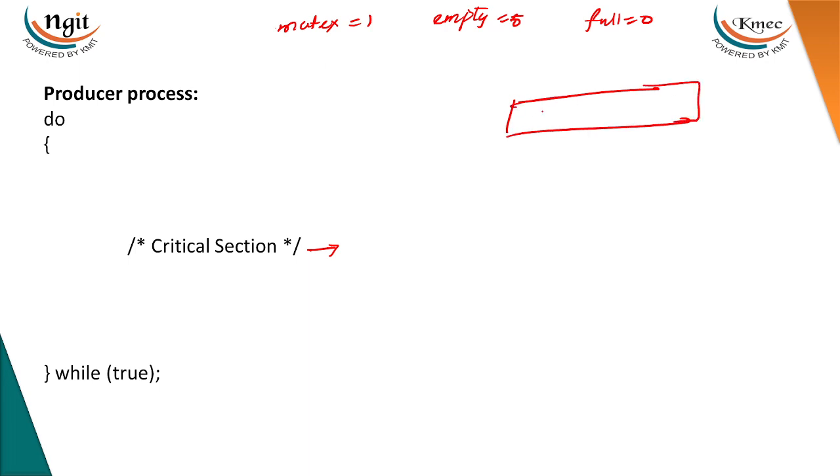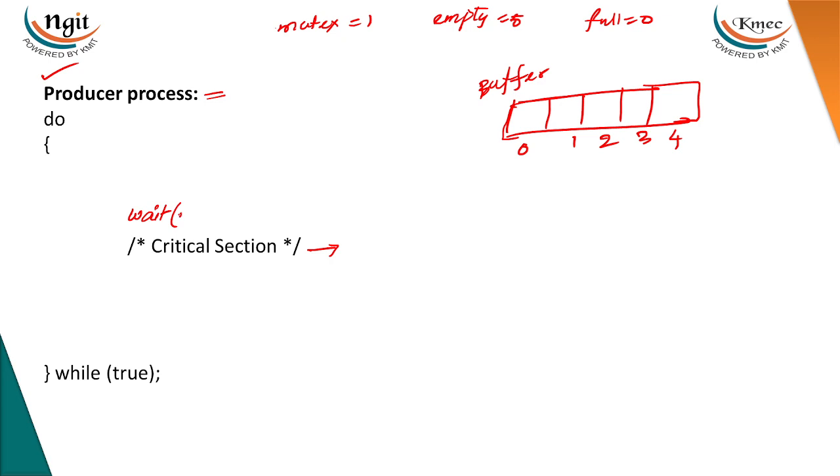There are 5 locations, 0 1 2 3 4, this is your buffer. Since there are no items in the buffer, the consumer process will not execute first. The producer process has to execute first.